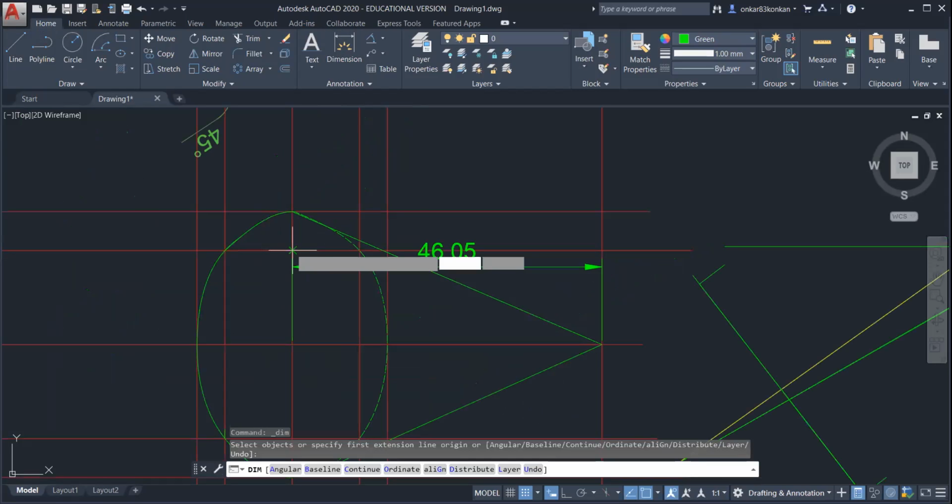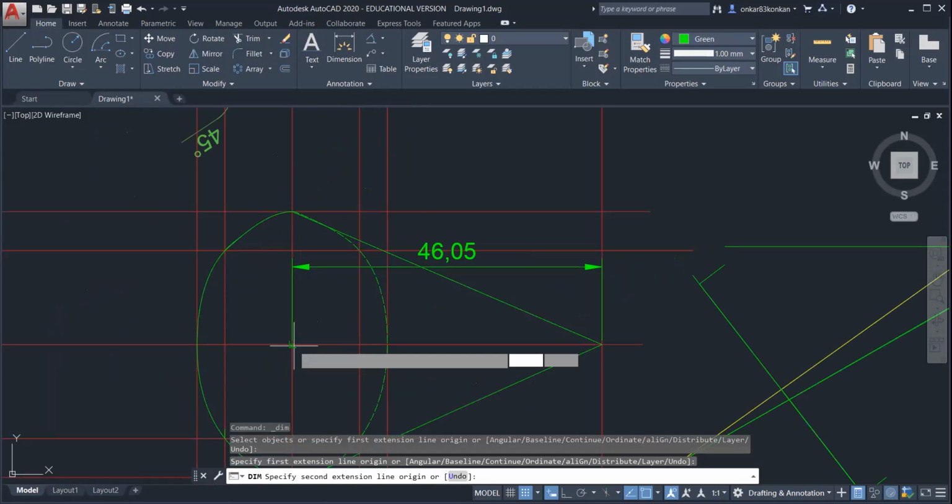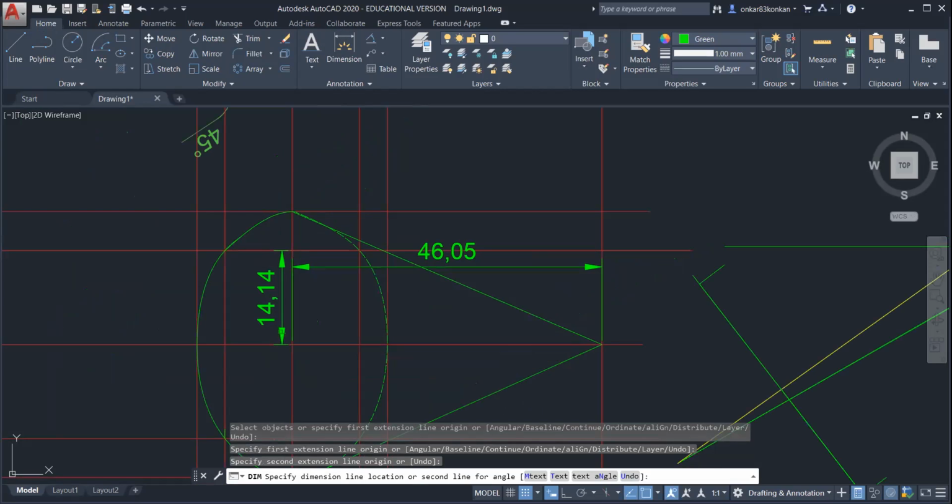Now measure this distance. So this is 14.14.